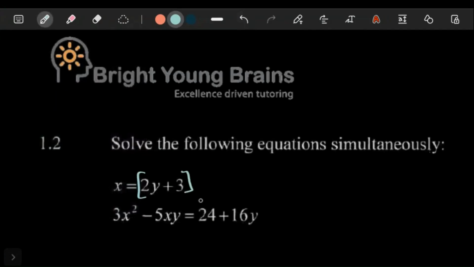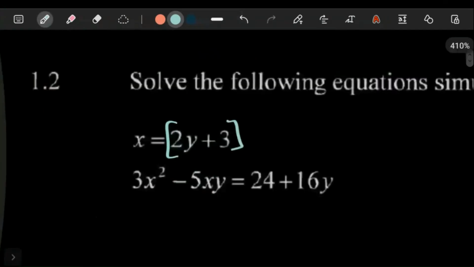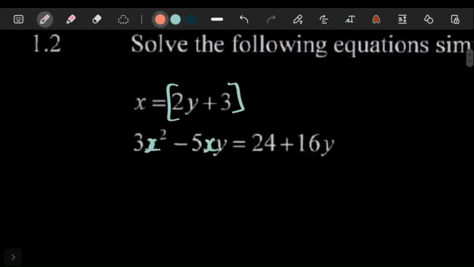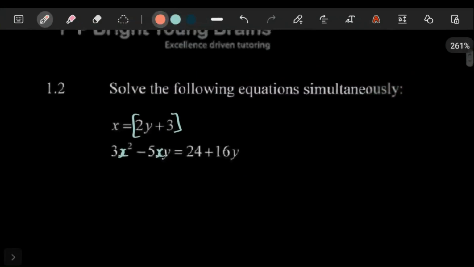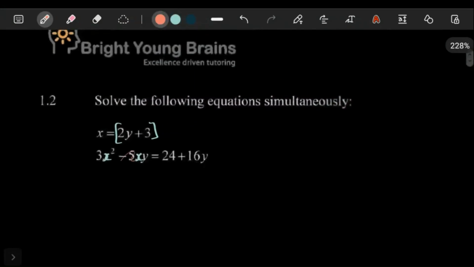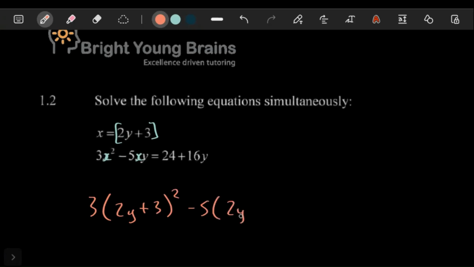We're just going to drop it here and here. So let us do that. We're going to have here 3 and then 2y plus 3, right? So this is like 2y plus 3, square it, and then 2y plus 3, and then y over there.